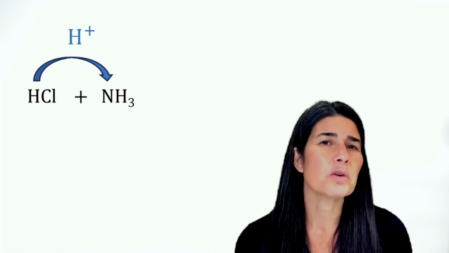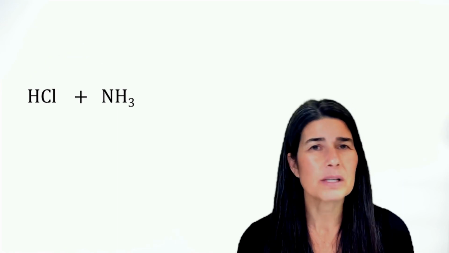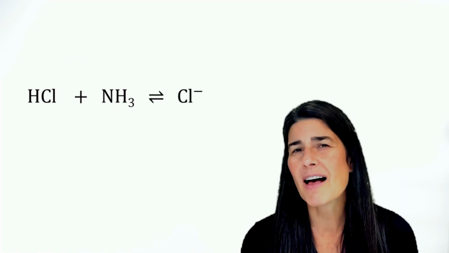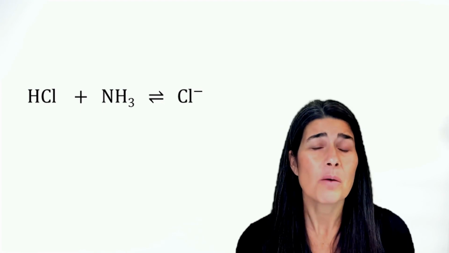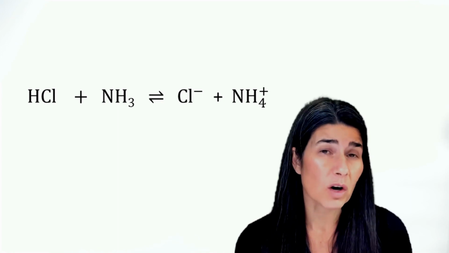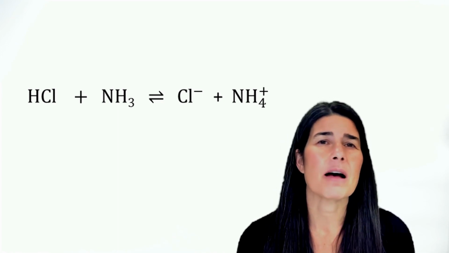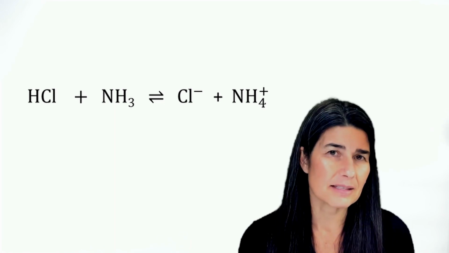Now, if we remove an H+ from HCl, that will leave behind Cl-. Then, if we put an H+ onto our NH3 molecule, well, now we'll have NH4+ overall. So that's an example of a Bronsted-Lowry reaction between an acid and a base.